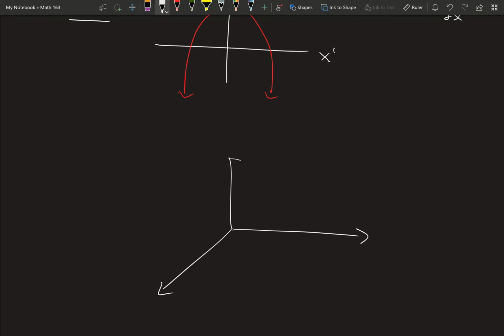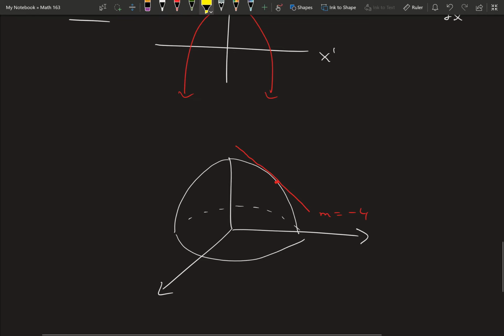So here is your paraboloid, and here is your point. So this tangent line is m equals -4, and the other one, let me change to a different color. The other tangent line, I'll draw in blue, is this one.